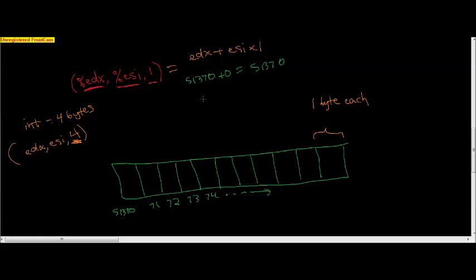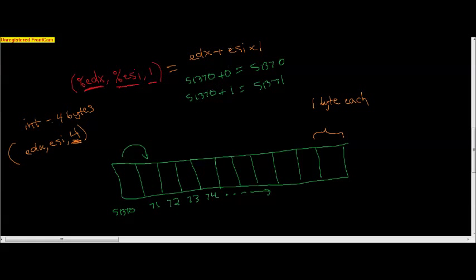If we increment ESI, then we'll have 51370 plus, if ESI is 1, 1 times 1 gives you 1, and this will be 51371. Right? Notice we moved 1 byte over.